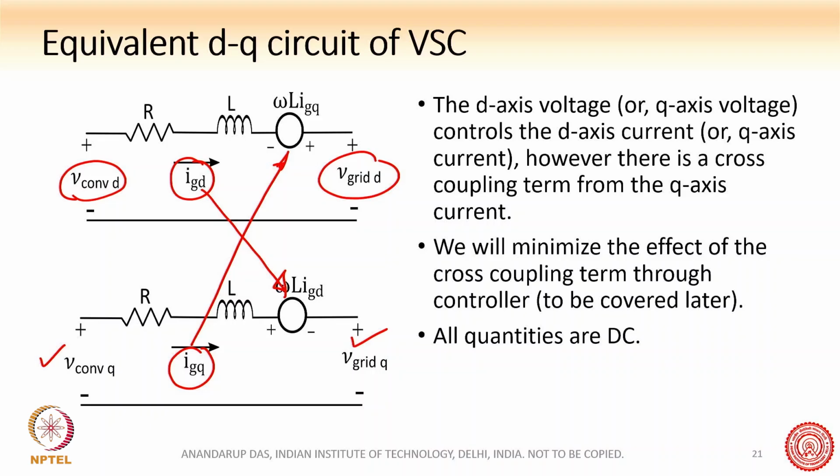So we will have to do something in our controller design to nullify the effect of this cross coupling term. Remember that this is our plant. This you have to understand very clearly. This is the voltage source converter when it is connected to the grid. So the plant itself has the cross coupling term. So we have to take additional precautionary measures in the controller to nullify this cross coupling effect inside the plant.